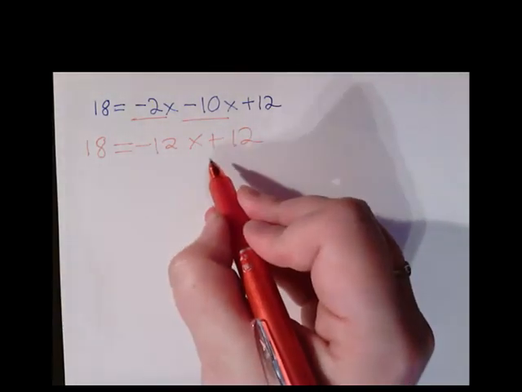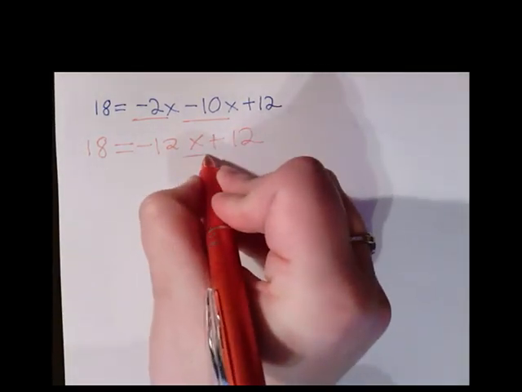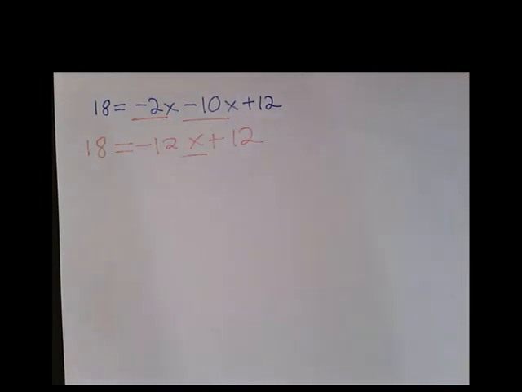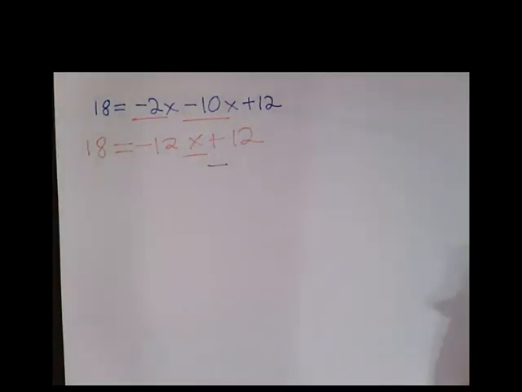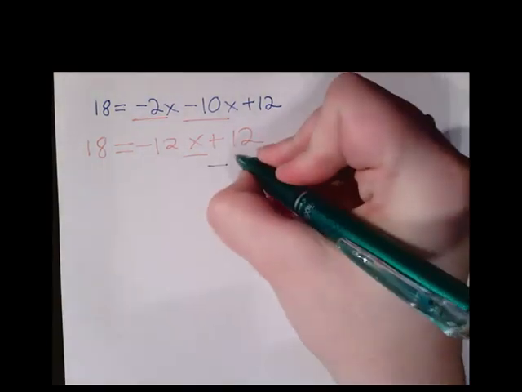All right, so now I've got a single variable. I can solve for that variable. All right, so always undo addition, subtraction first. So 12 is adding, so we are going to subtract.